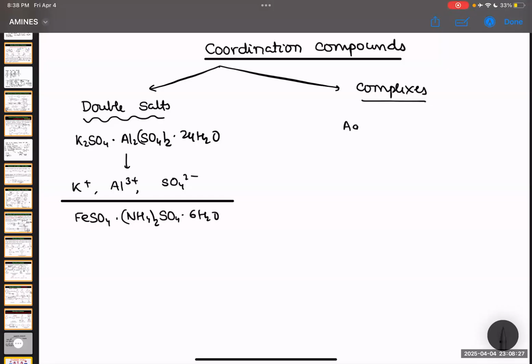For example, if you have Ag(NH3)2+, or if I write it like this, AgCl·2NH3, it will be like this.